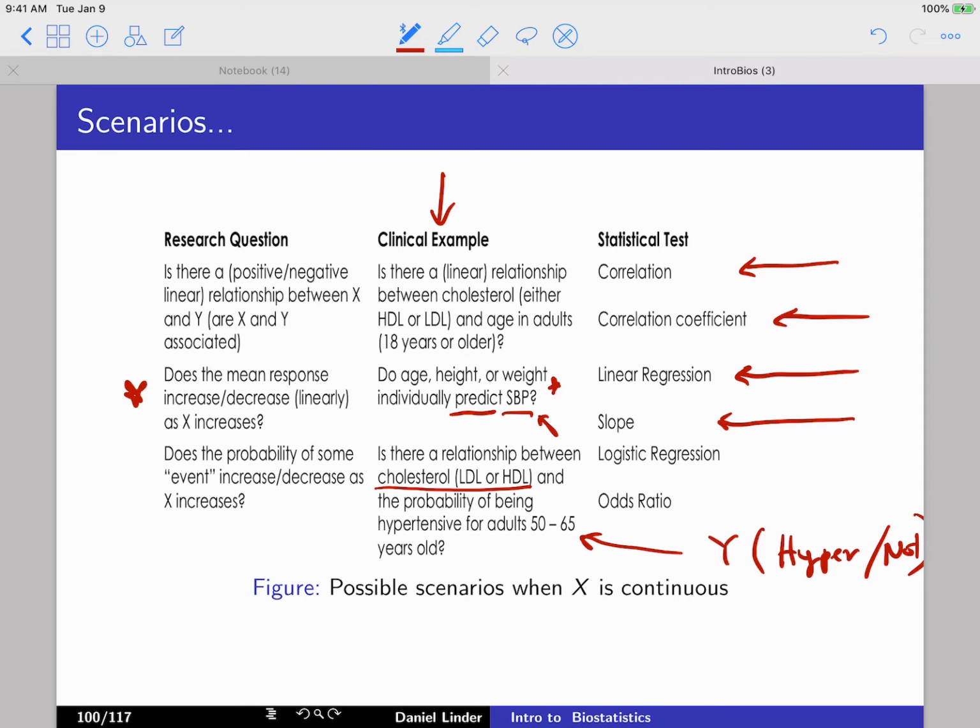So our y value is an event, dichotomous or categorical, and our predictor variable would be cholesterol level. In this situation we could use what's called a logistic regression, and we're going to talk some about that. A logistic regression also gives us an easy formula to compute an odds ratio from the output that we get from it.